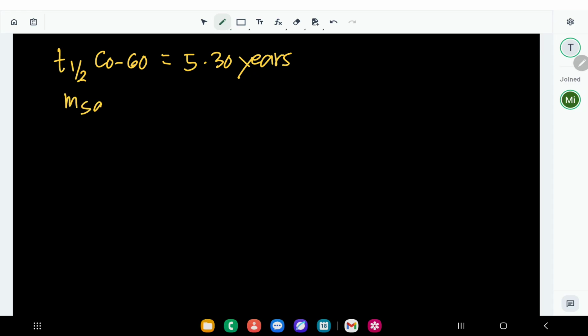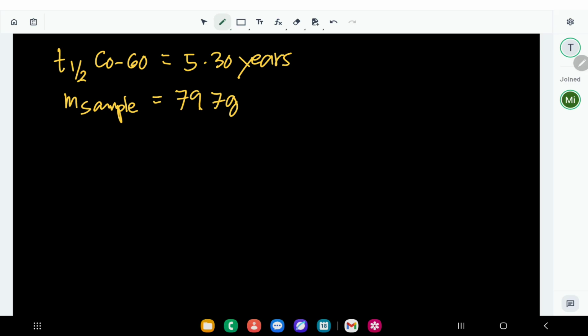How long will it take for a 79.7 gram sample of cobalt-60 to decay down to 13 grams? Round your answer to 1 decimal place.